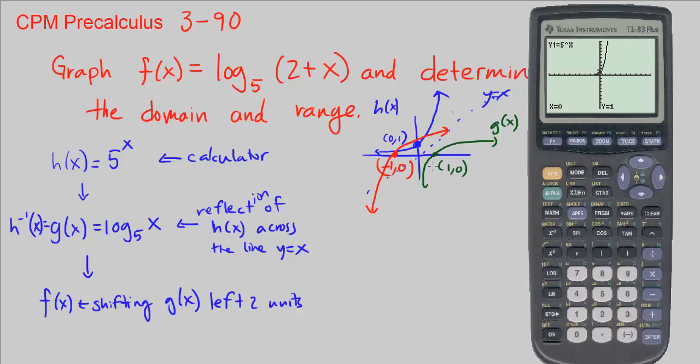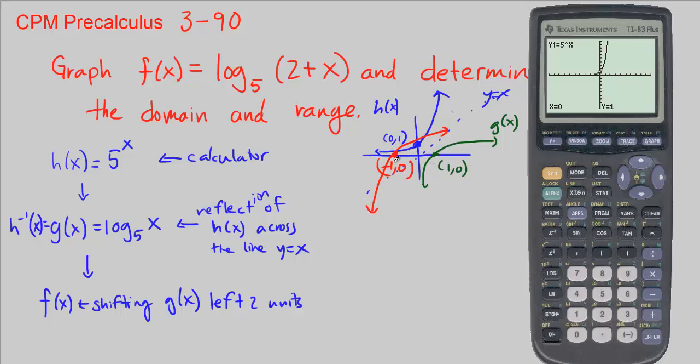Another thing to notice: g of x right now doesn't cross the y-axis. It never will cross this line. So the other thing to notice is this vertical line that it won't cross, which is right now the y-axis, also moves to the left 2 units.